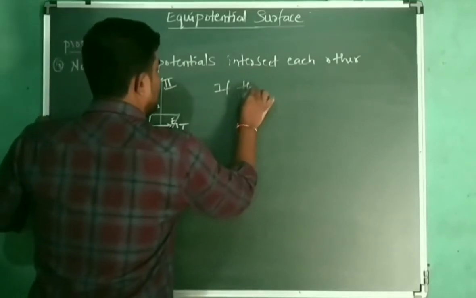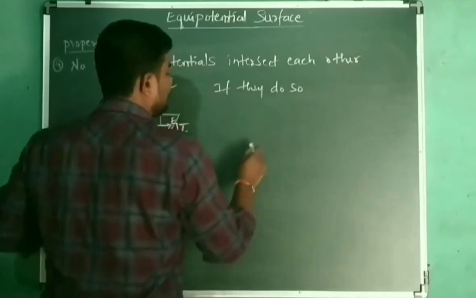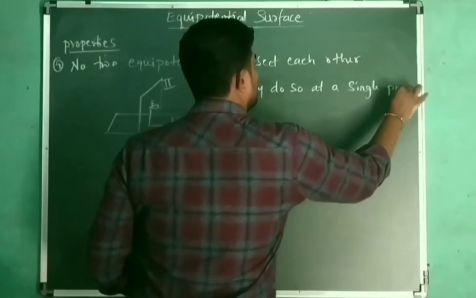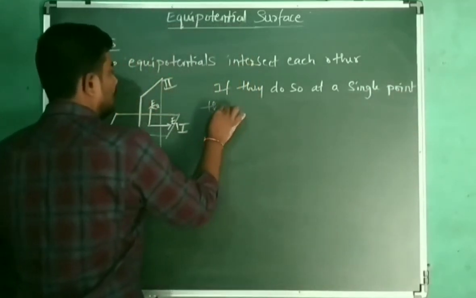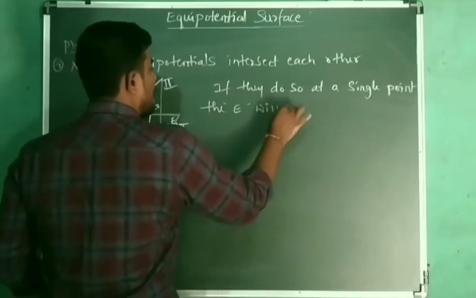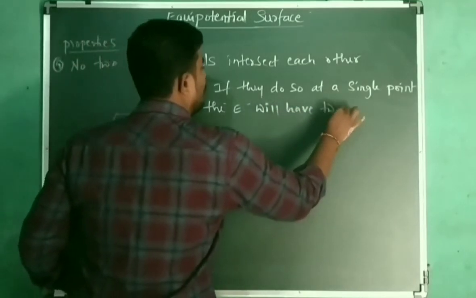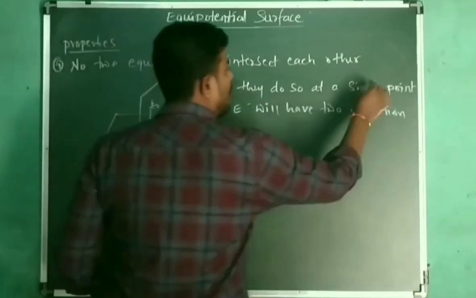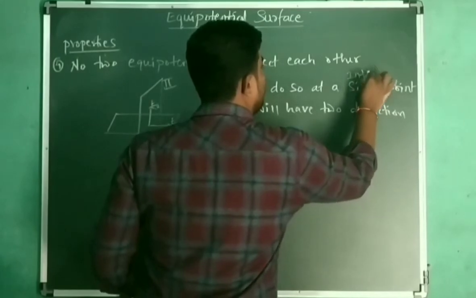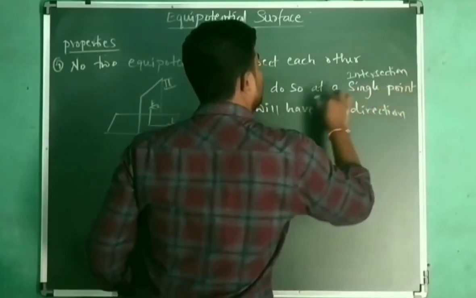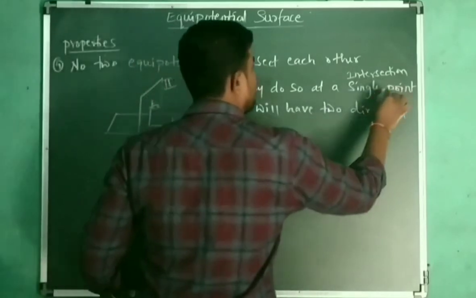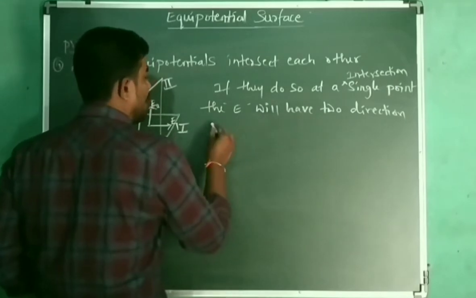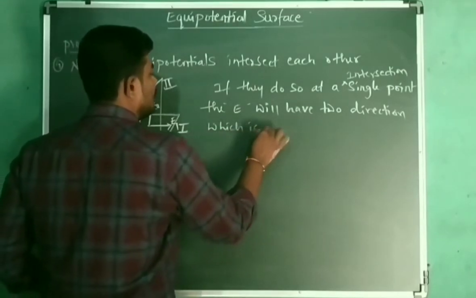The reason is, if they intersect, then at a single point, or at a point of intersection, the electric field will have two directions, which is not possible.